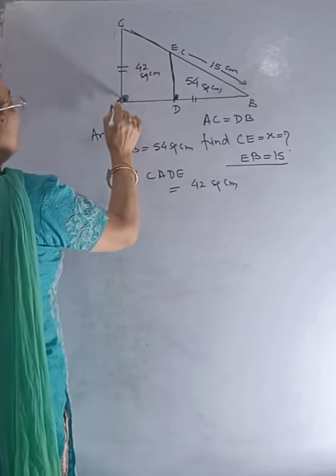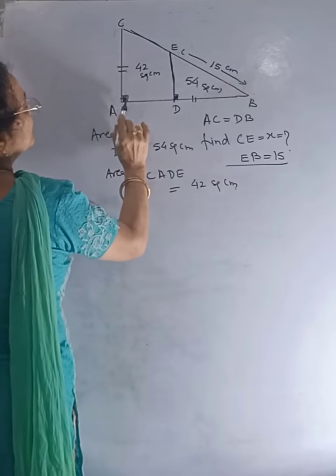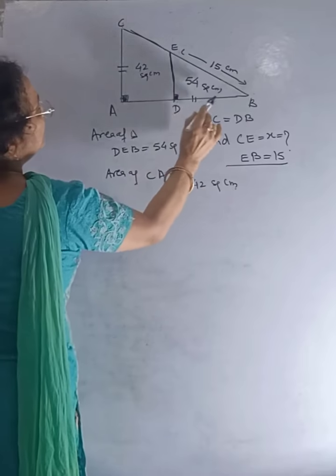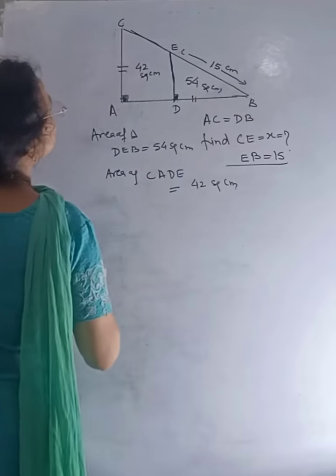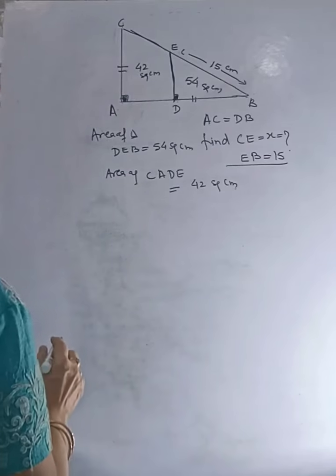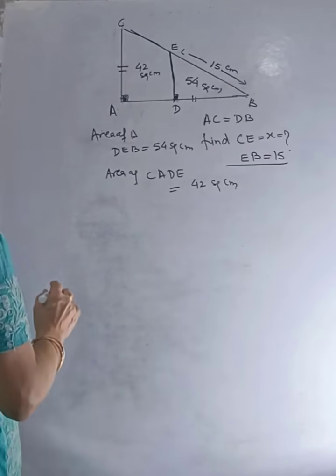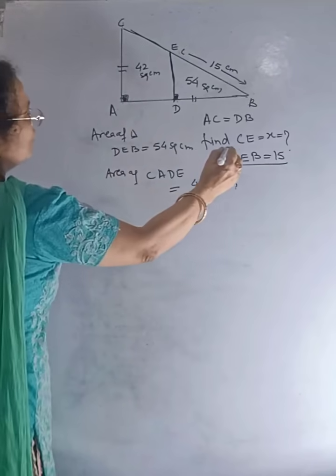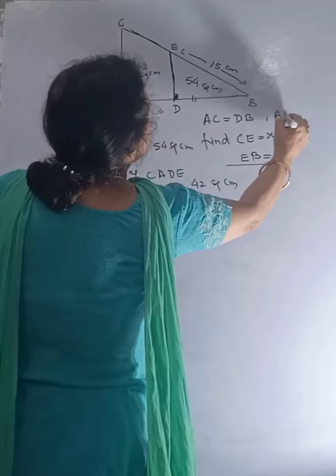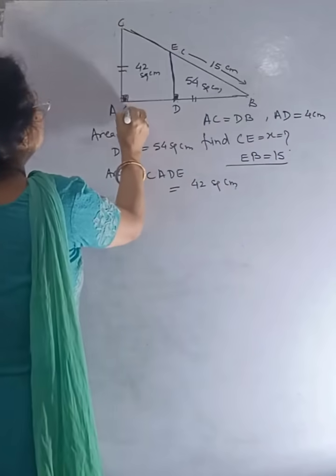Except this, CA is equal to, AC is equal to DB, this only DB, this portion. Okay. And AD is also given to us, AD is equal to 4 centimeter.